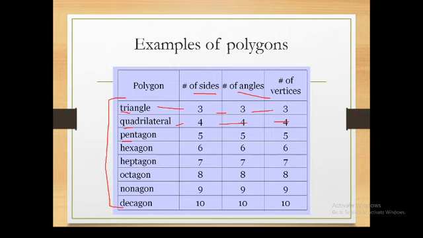Pentagon means 5. Hexagon means 6. Hepta means 7. Octa means 8. Nona means 9 and deca means 10. So here you could see the names of these polygons are based on the number of sides they have. Now I want you to guess the names for maybe a polygon with 12 sides or 15 sides or 20 sides. So that's going to be your homework.